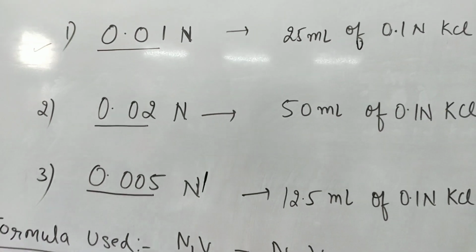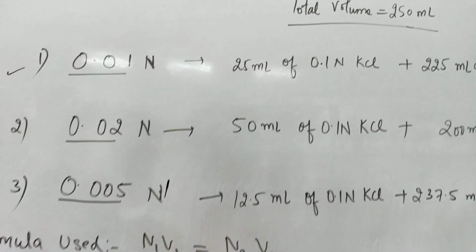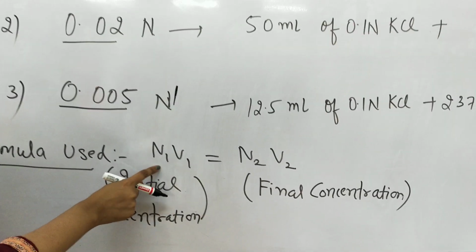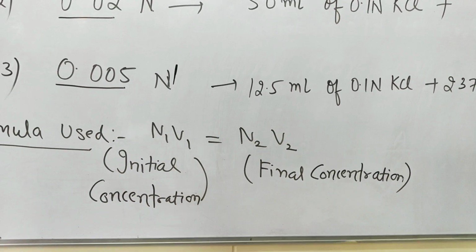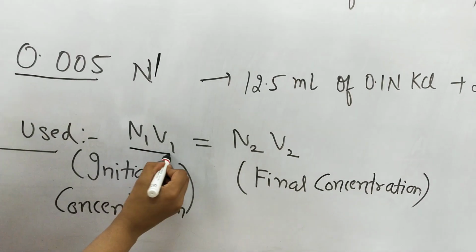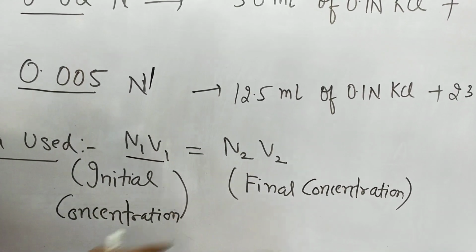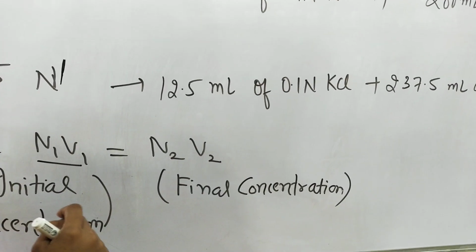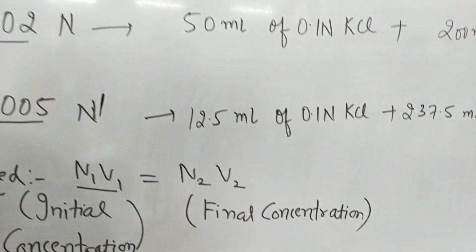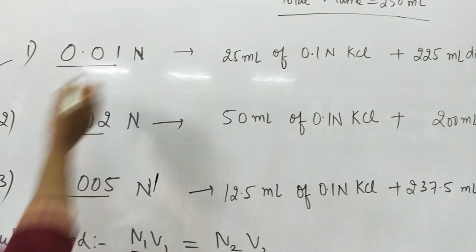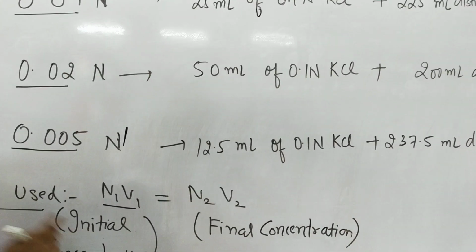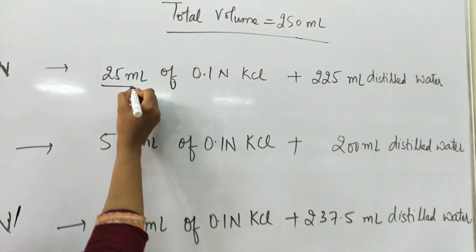To prepare 0.01 normal, we will use this formula, known as the normality equation. N1 V1 represents the initial concentration of our master solution, and N2 V2 is the final concentration which we want to prepare.